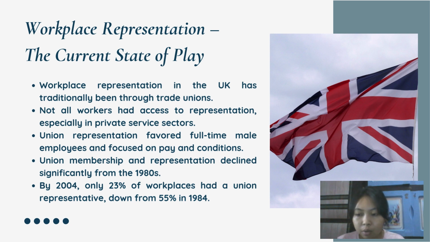Over time, more women and public sector workers joined unions, but union representation still declined from the 1980s onward. By 2004, only 23% of workers had a union representative, down from 55% in 1984.